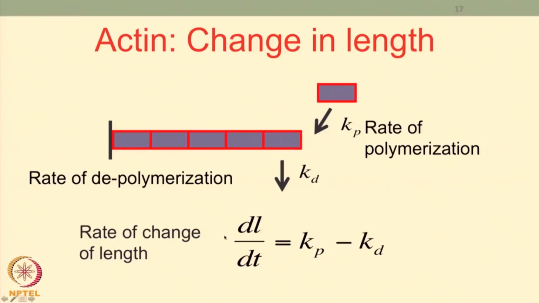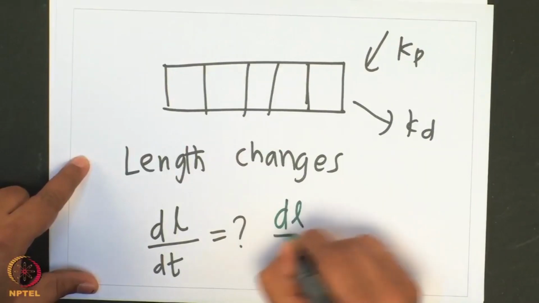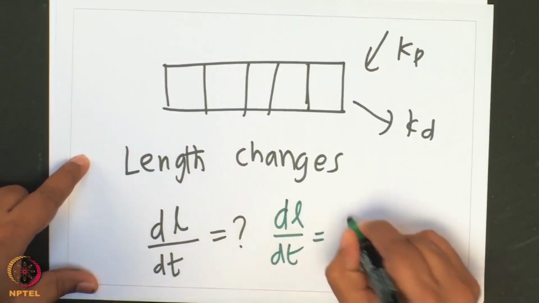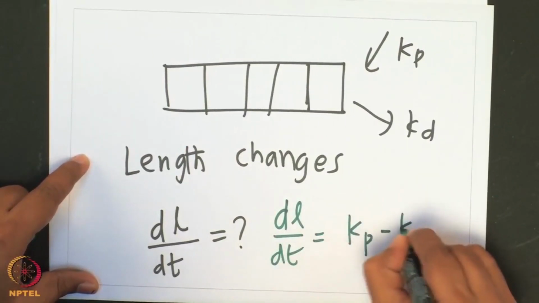So the rate of change of length dL by dt will be Kp minus Kd. This is something that we can know. So dL by dt will be equal to Kp minus Kd.